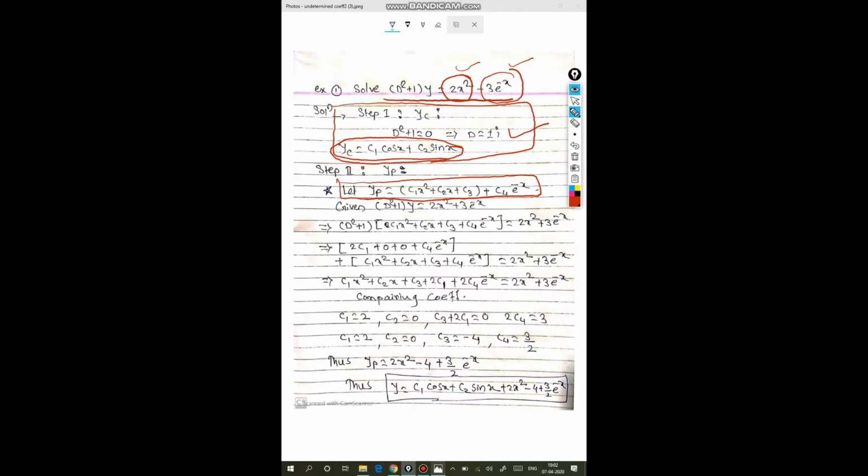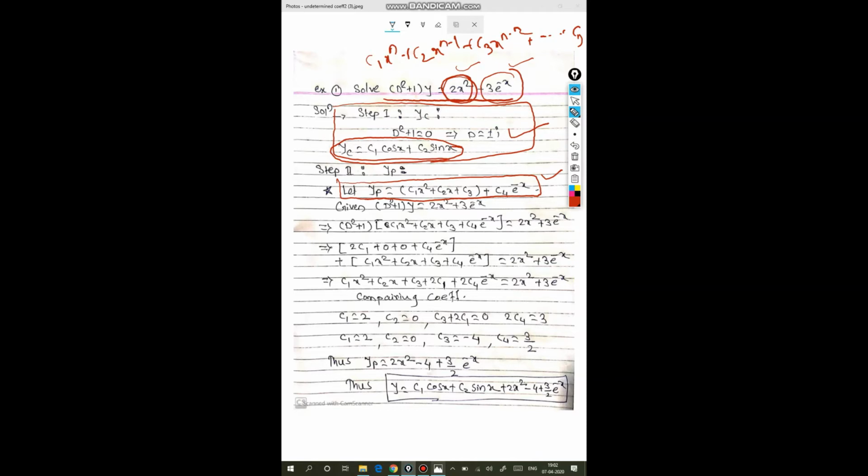Now we are going to assume yp. If x raised to n is there, we assume c1 x raised to n plus c2 x raised to n minus 1 plus c3 x raised to n minus 2, up to some cn. That is the yp we have to assume, where c1, c2, c3, cn are particular constants that we have to find out.